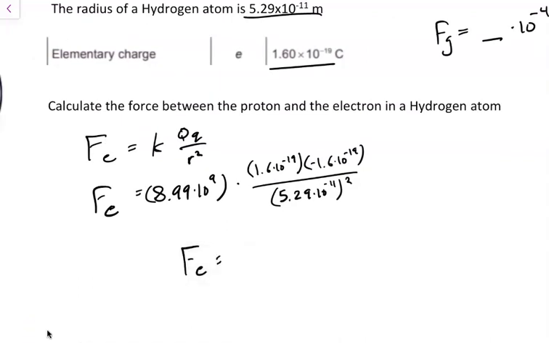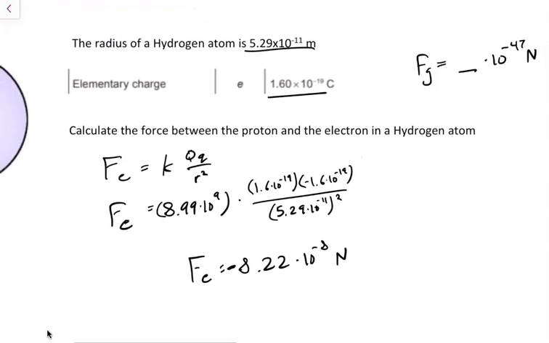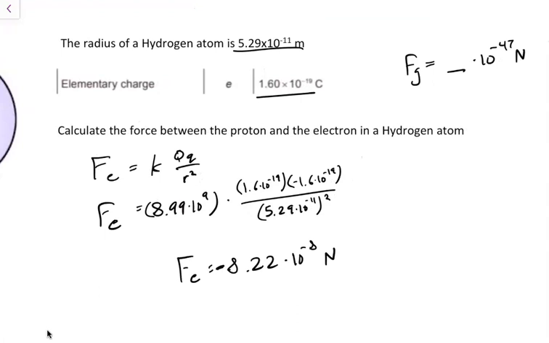All right, I got a value of 8.22 times 10 to the power of negative 8 newtons, and specifically a negative. There's two things I want to recognize in this. One, this 10 to the negative 8 is significantly larger than 10 to the negative 47.